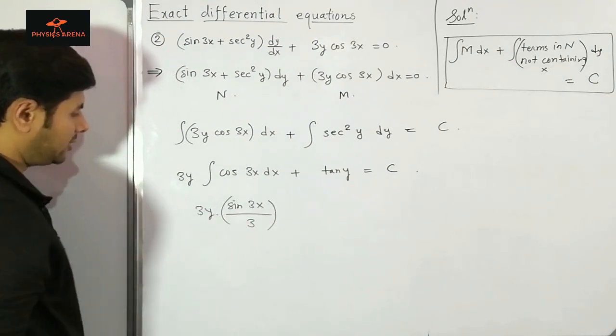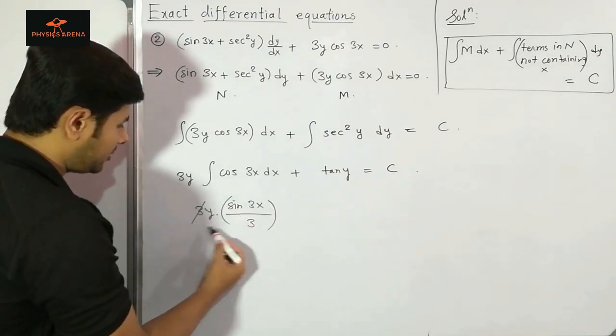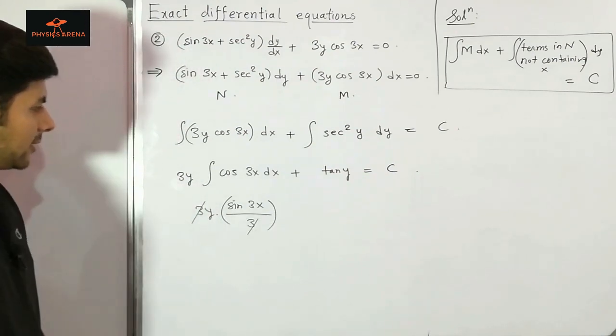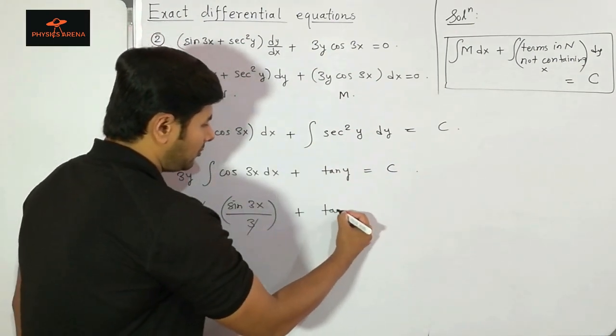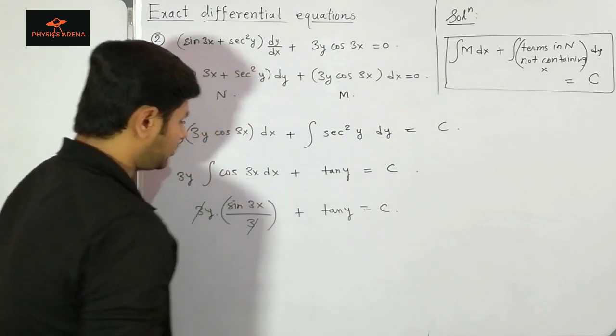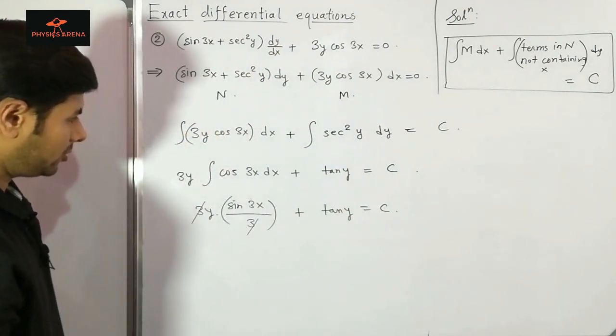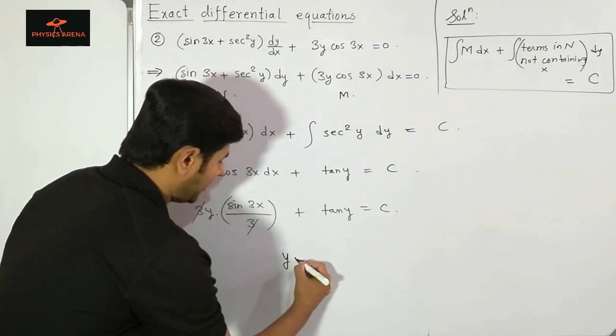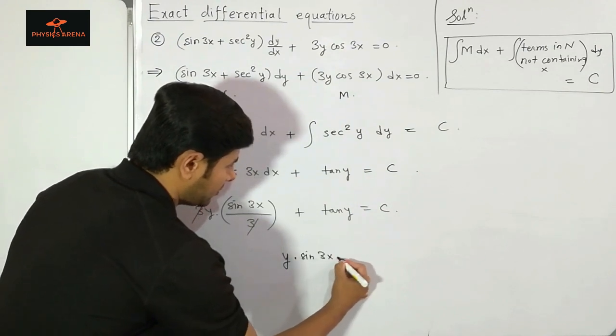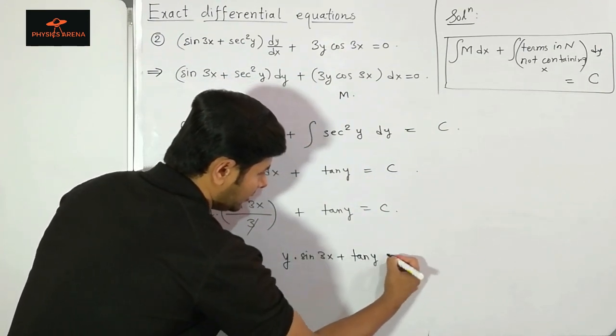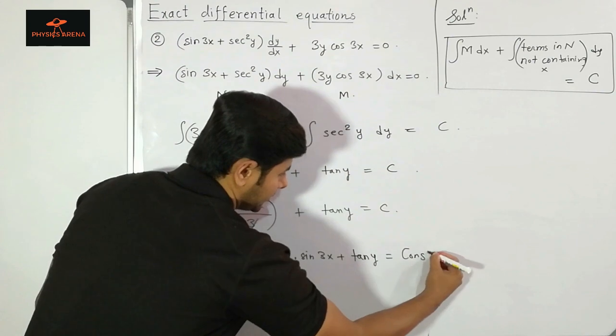We have the 3y in multiple, so this 3 and 3 get cancelled out, plus integral of sec square y is tan of y, equals to c. So solution is y multiplied by sine 3x plus tan of y equals to constant.